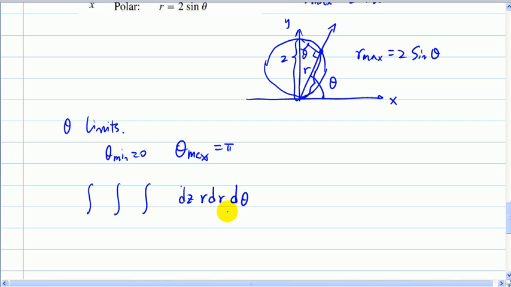For dz we find the limits are from 0 to r squared. For r the limits are from 0 to 2 sine theta, and theta is from 0 to 2 pi. So this integral here is very easy to calculate. You can calculate that.